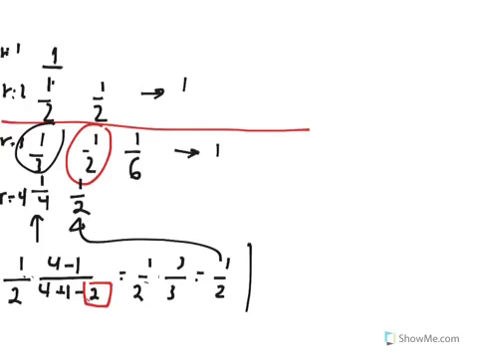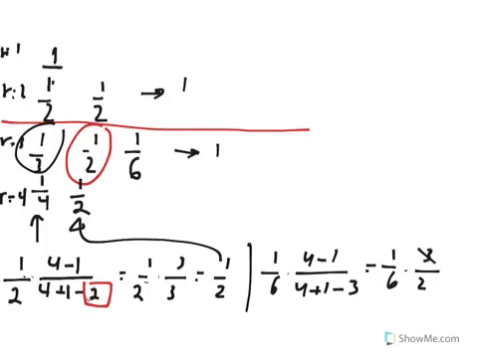Okay, to get the next number, I take the number that's above it, which is 1/6. I multiply it by 4 minus 1 over 4 plus 1 minus, in this case, 3, because it's the third number I'm looking for, which is 1/6 times 3/2, which becomes 1/4.